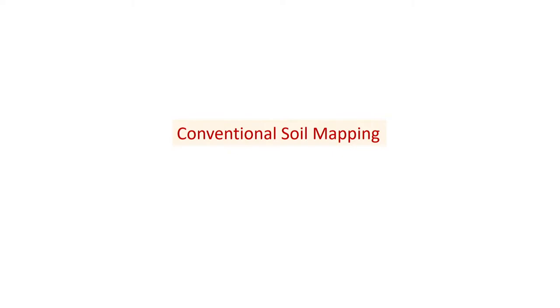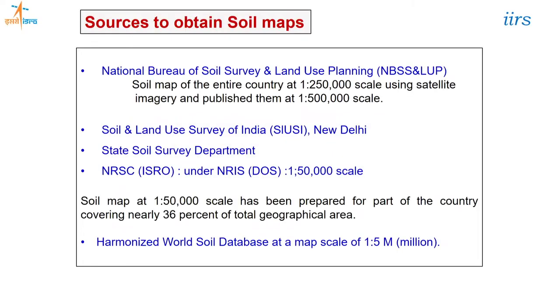Now I will go to conventional soil mapping. I just want to tell you that if you want a soil map, where can we get it? In India, several institutes and organizations exist. They provide soil information or soil maps.